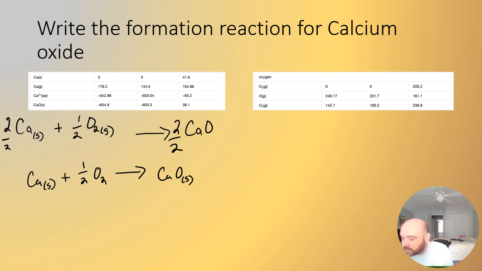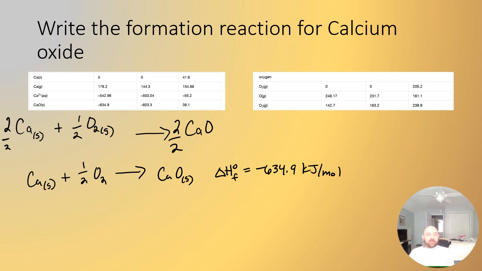So I can say that this formation reaction here has a delta H of negative 634.9 kilojoules per mole. That isn't always the case. I don't always have that compound that I made in those tables, but it's a nice feature of these because we'll see how we can combine some of these to get new reactions that we don't have the data for.